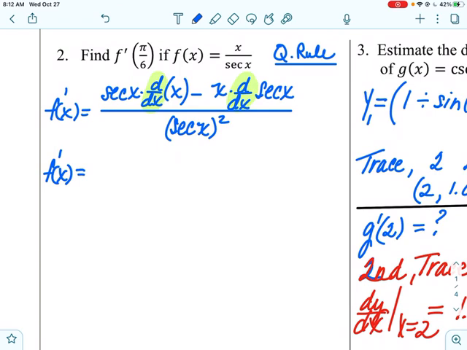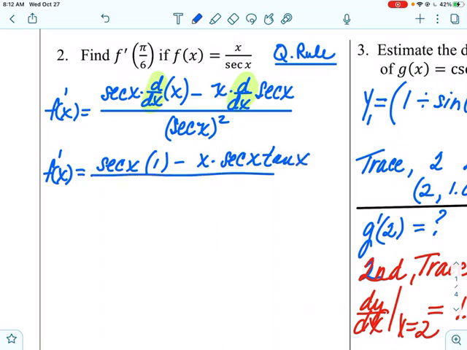So we get secant x times 1 minus x times secant, the derivative of secant x is secant x tan x, and that would all be over secant x squared. Now, I'm going to write it like that for right now.